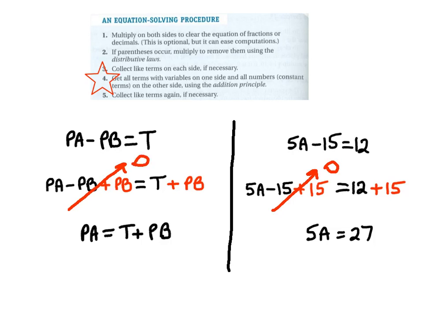I'm left with pa alone on the left-hand side, and the expression t plus pb on the right-hand side. No like terms here that I can gather, no way to simplify it. There, I was able to add 12 plus 15 and get 27, but here, obviously, I can't add t plus pb. I don't know the value of any of those variables. So I'm left with this expression, and I'm a step closer to my final solution. I now have the only term that contains a, the variable of interest, isolated on the left-hand side, and all the other terms are on the right-hand side.